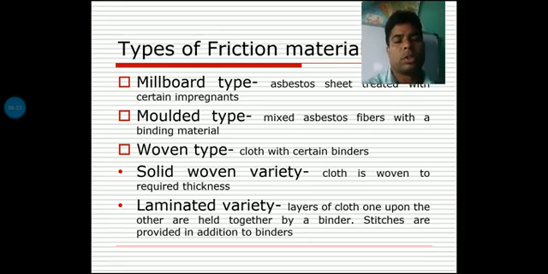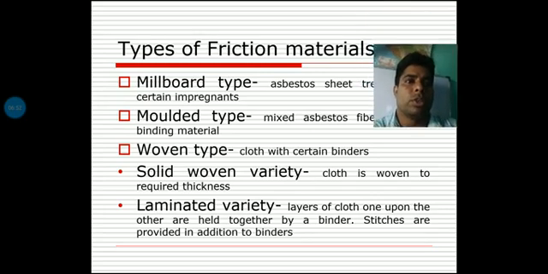So for that, the material properties or friction material properties must be there. The friction material behavior is most important, and there are different modes of friction material that I can use for the design purpose.